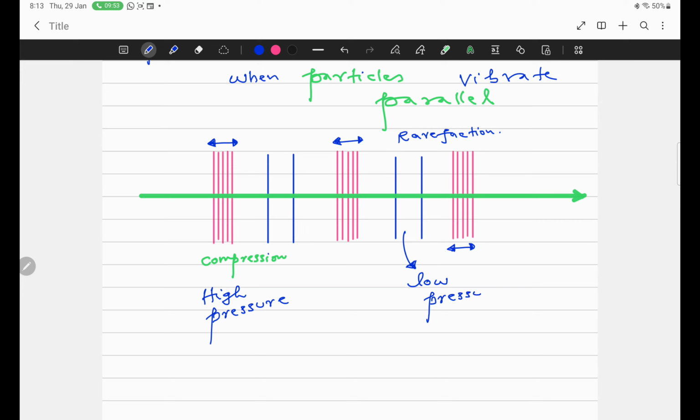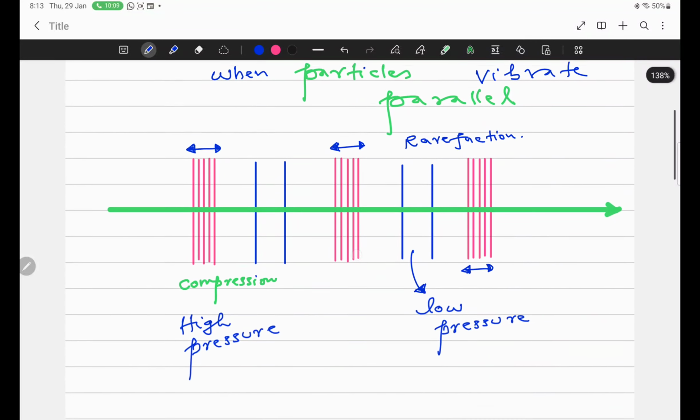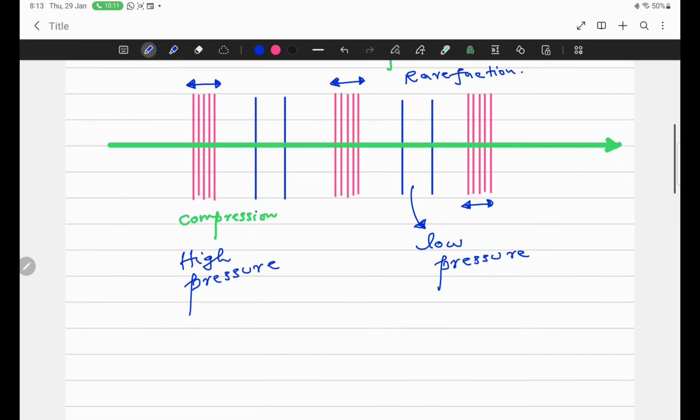So the low pressure region is rarefaction, and the high pressure region is called compression, and the distance from compression to compression is called one wavelength. In real, particles are moving like this, but in your exam, usually longitudinal waves are expressed like this.